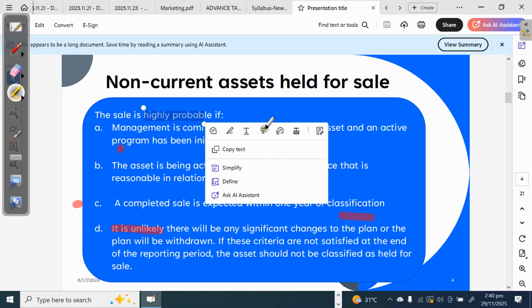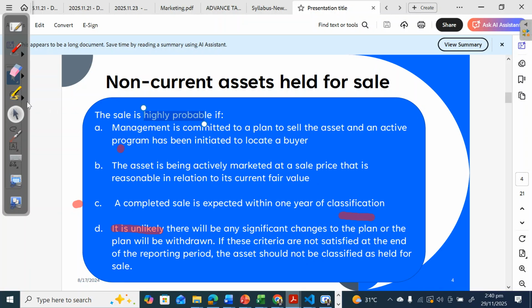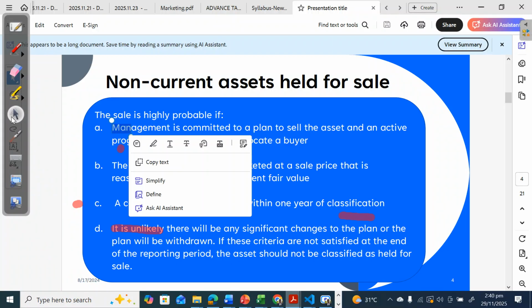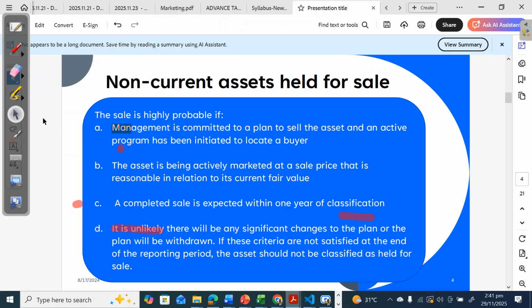It means that, one, management is committed to a plan to sell the assets and an active program has been initiated to locate a buyer.